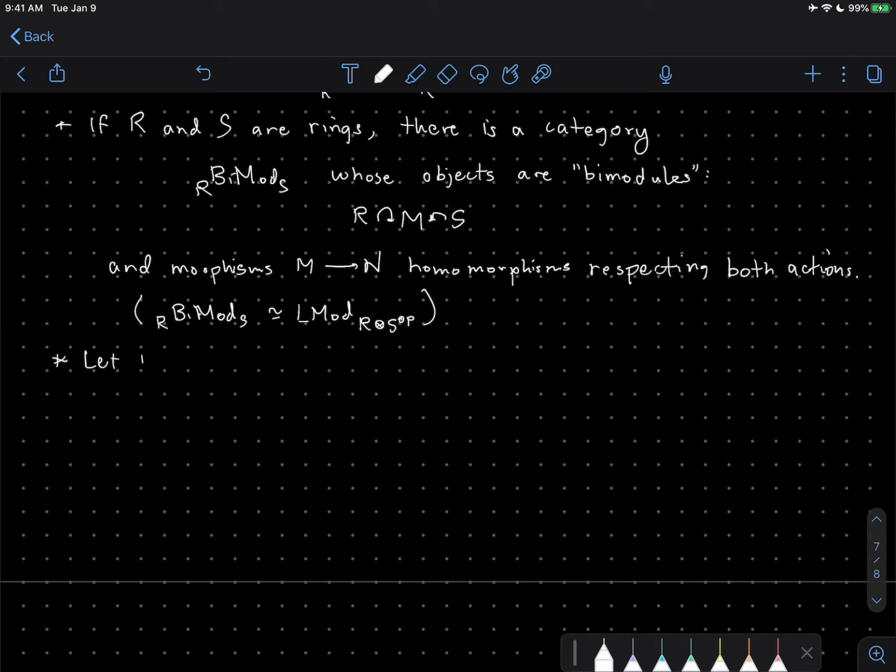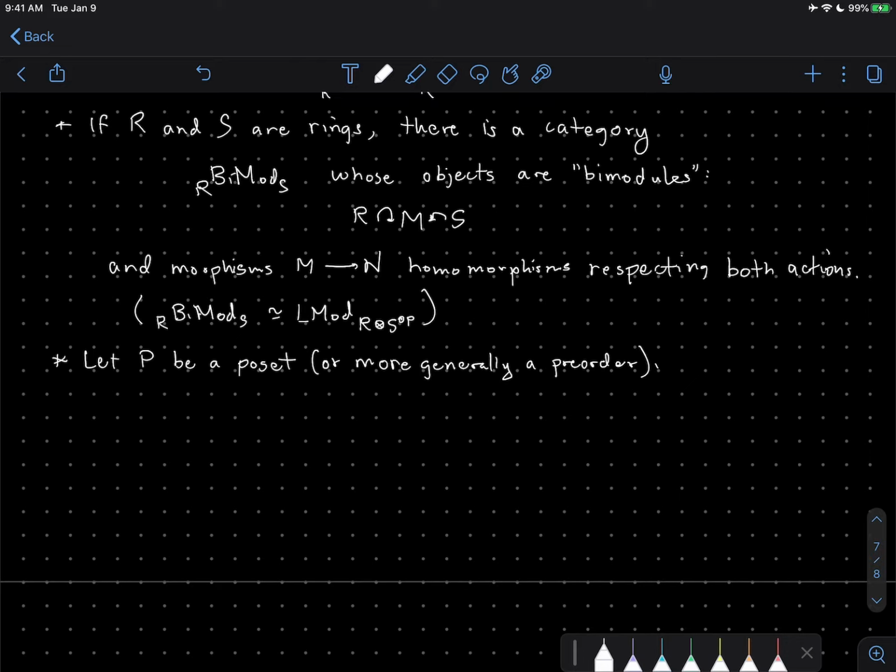So let P be a poset, a partially ordered set, or more generally, a preorder.